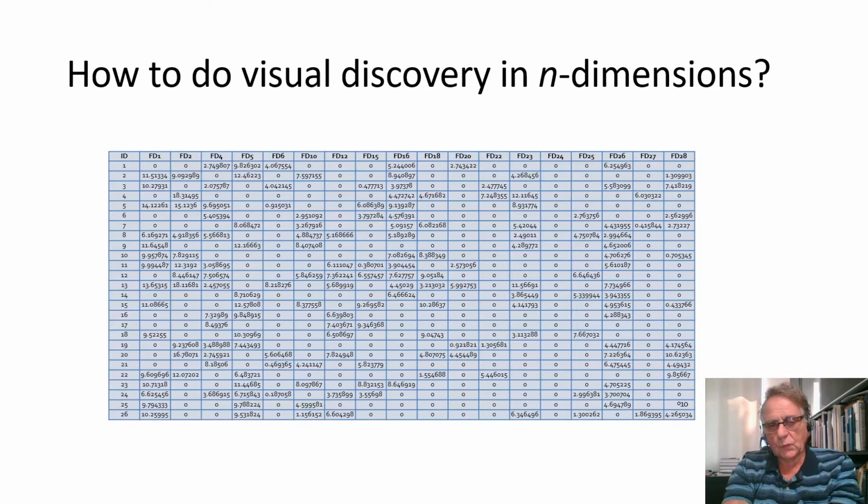While we were quite successful in the previous 2-dimensional example, how can we do visual discovery in n-dimensional data? We don't have the capability to represent all of it in the same way as we did with 2D. So the major issue of this presentation is to talk about the method of how we can do this without loss of information.